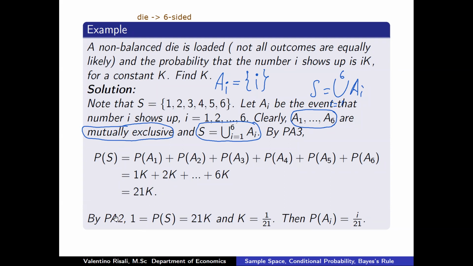And from another PA, that is PA2, we have P(S) is equal to 1. So we have this equation, 21k is equal to 1. And then we get that k is this fraction, 1/21. And the conclusion is the value of P(Ai) is equal to i divided by 21.